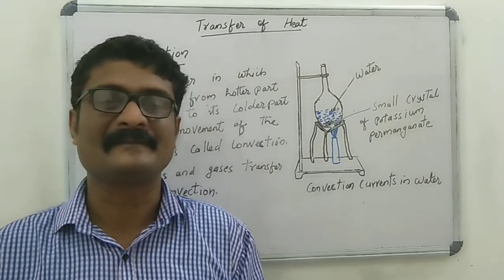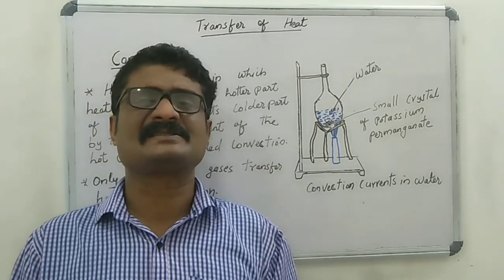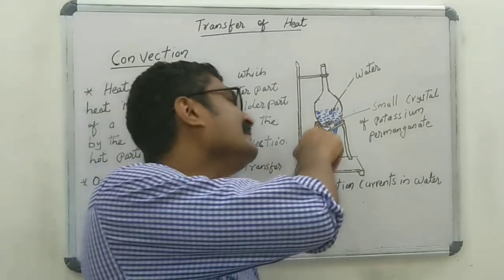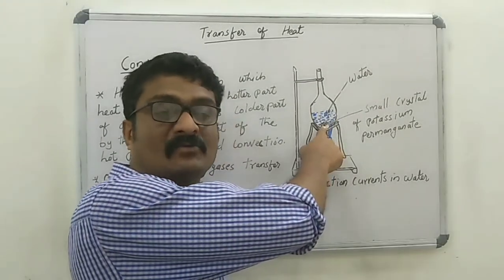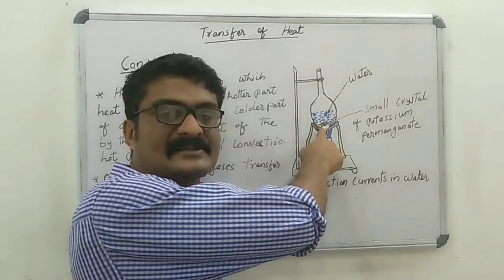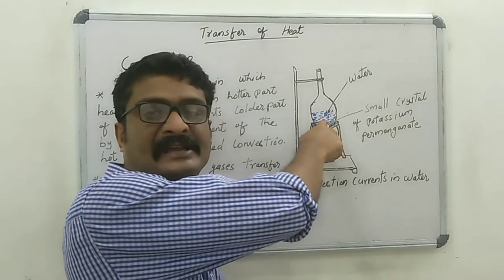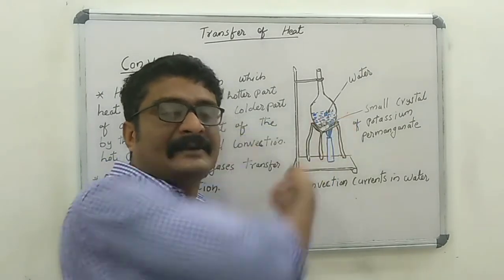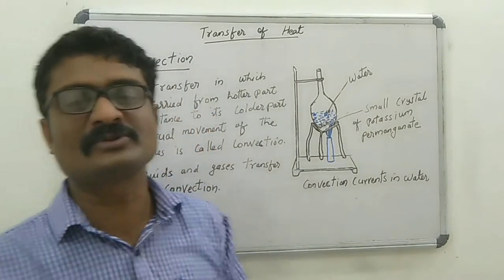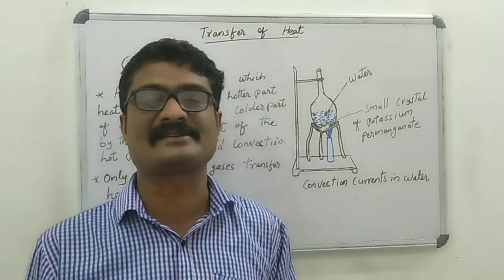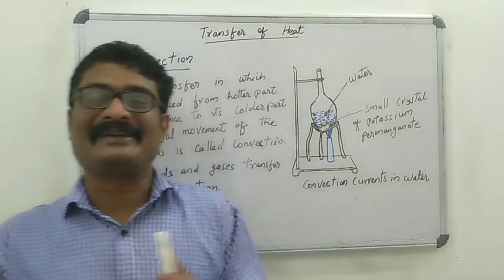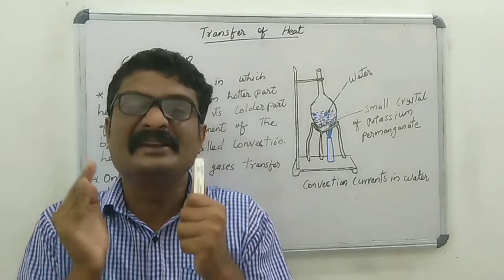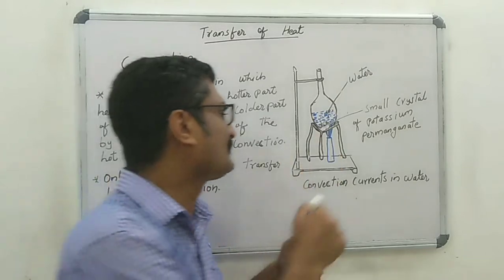Why does water in the flask move in this fashion? Water rises from the place of heating, moves a bit away, and then moves down to the bottom of the flask.